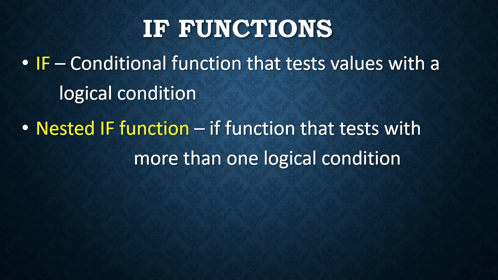Each category is a condition. The category of distinction is one condition, category of credit, category of pass and maybe failure. Those are varying conditions, and each condition is put in one function. So here we have the nested if function to represent an if function with multiple conditions, with more than one logical condition.